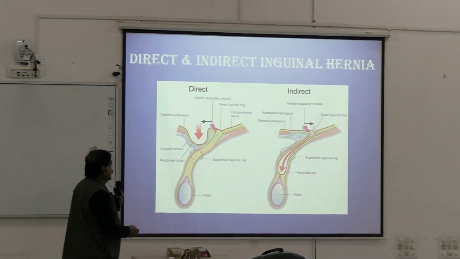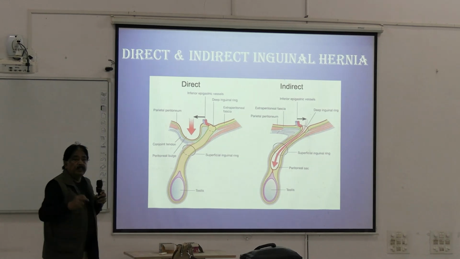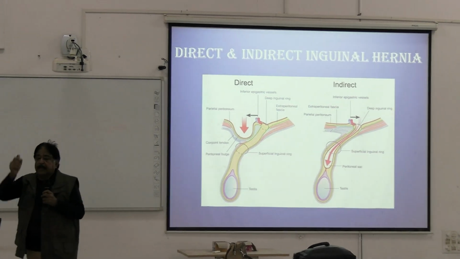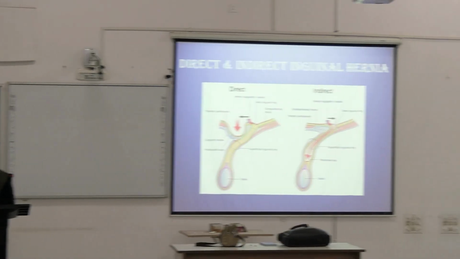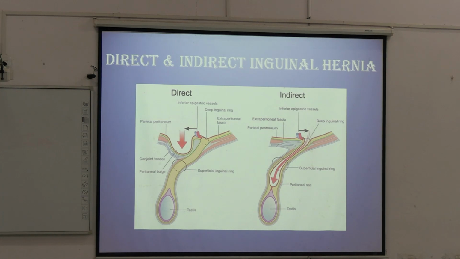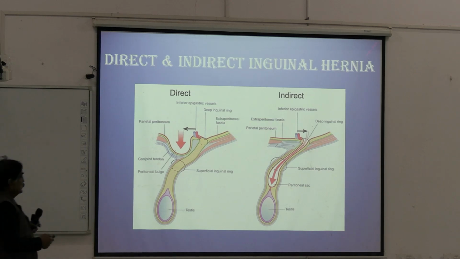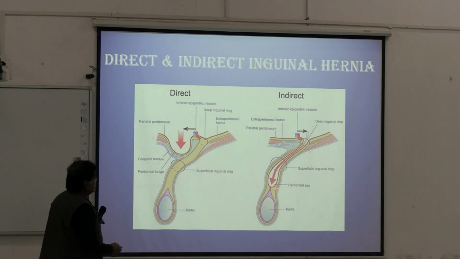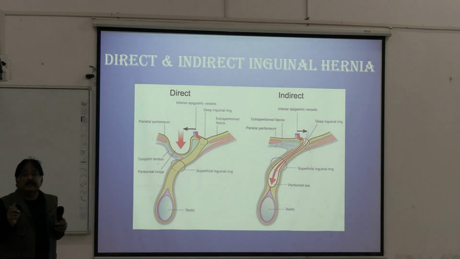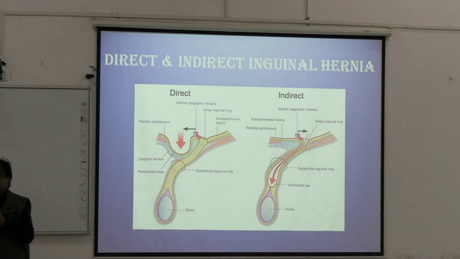There can be only a portion of the cord, this portion, and this portion is closed. So it's the encysted hydrocele of the cord.